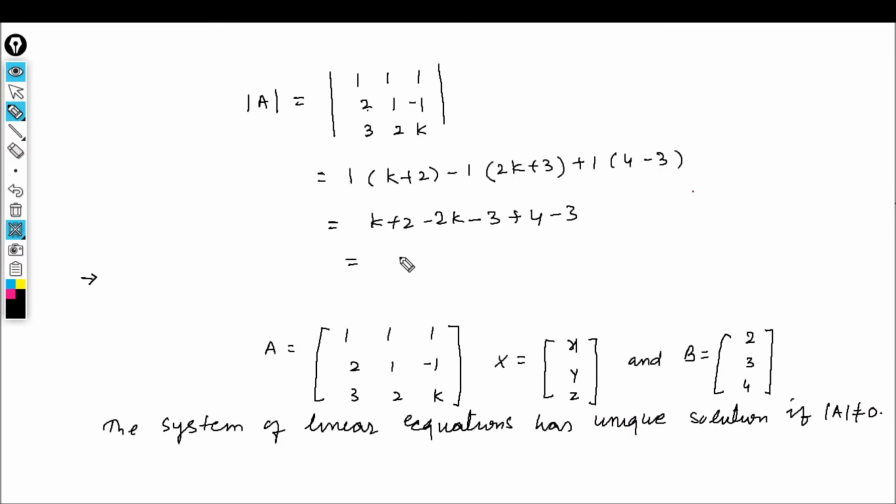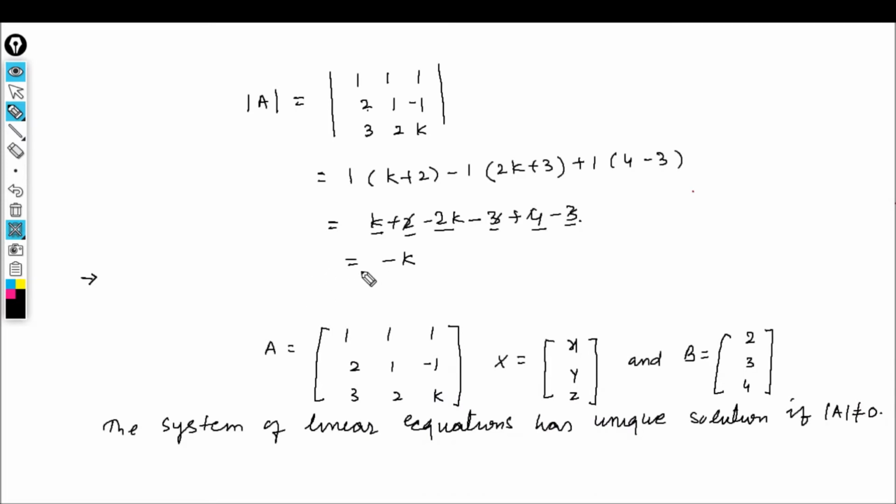Okay, चलिए. So what will this be here, बच्चों. k minus 2k, this will be minus k. Then 2 plus 4, that is 6, minus 3 minus 6, so it will get cancelled, बच्चों.